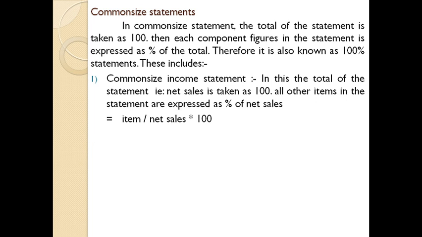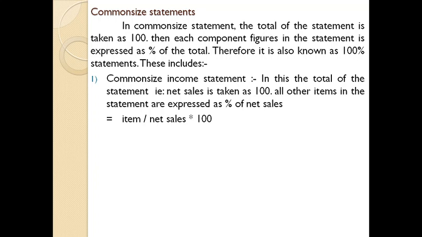In a common size income statement, the total of the statement is taken as net sales. That is, net sales will be taken as 100. All the other items like cost of sales, gross profit, operating expenses, etc. are compared with net sales and expressed as a percentage. The equation for finding the percentage is: item, whichever item you are going to study, divided by net sales into 100.